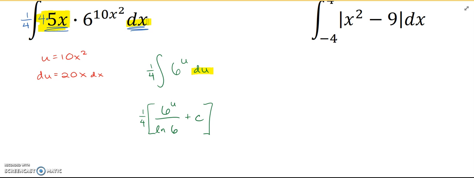If you do make it 5/4 on the outside, that means you only have 4 on the inside, and you needed 20. Your other option is you could have taken the 5 out, but then multiplied in a 20 and a 1/4, or a 1/20. It would have been the same thing. You would have gotten to the same place because that outside fraction would have reduced.